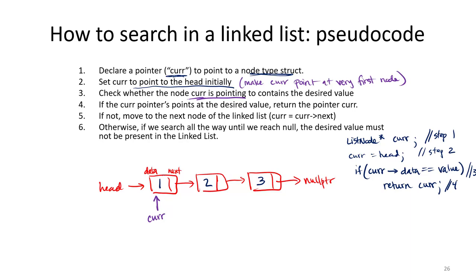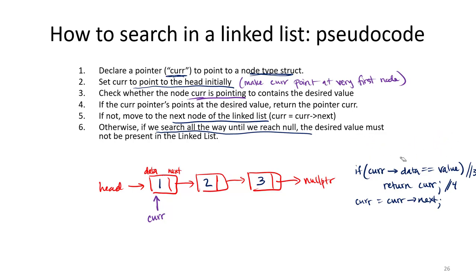Else, if I do not find the desired value, then I move to the next node. So if I do not find the value I want, then I simply write current equals current arrow next. And I would advance to the next node. And then notice this last point. If we search all the way until we reach null, the desired value must not be present in the list.